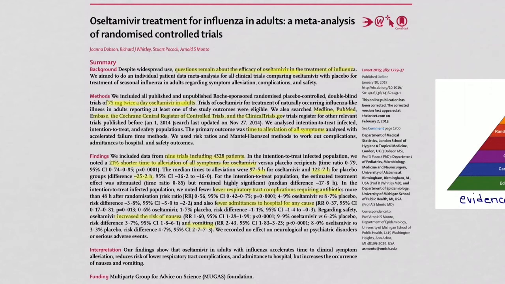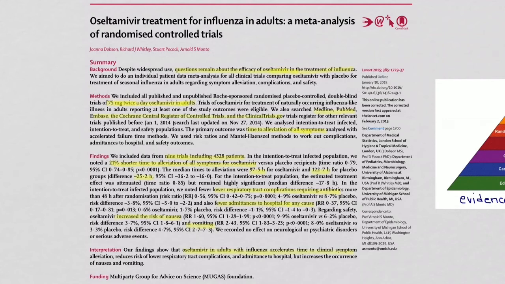And then finally, you can see the conclusion here. Oseltamivir in adults accelerates the time to clinical symptom alleviation, reduces risk of respiratory tract complications and admittance to hospital, but increases occurrence of nausea and vomiting. So that's a really quick way to get an overall picture of the reason for the study, the methods of the study, and then the results of the study.